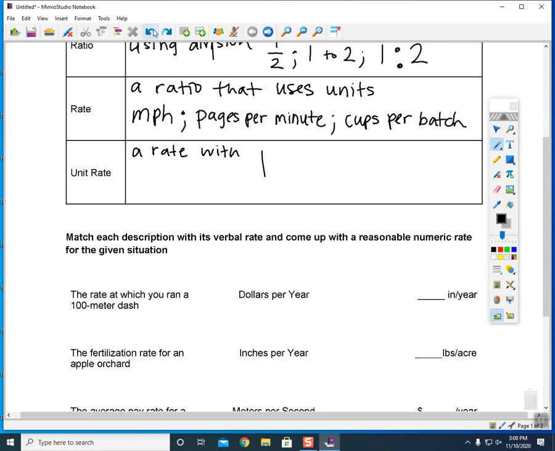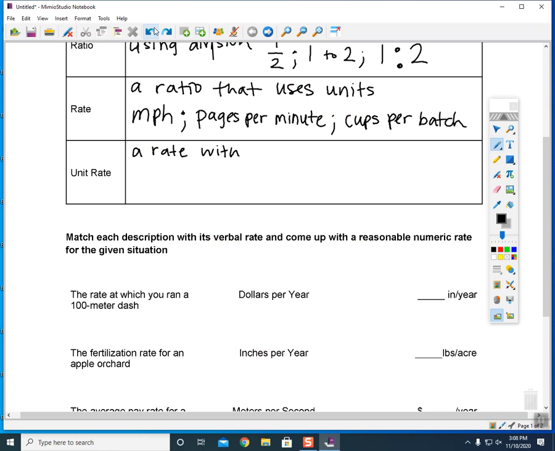A rate with a denominator of 1. So actually all of the examples that I gave for our rate examples would be an example of a unit rate, like miles per 1 hour, right?